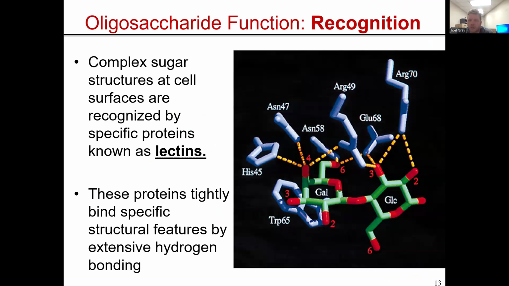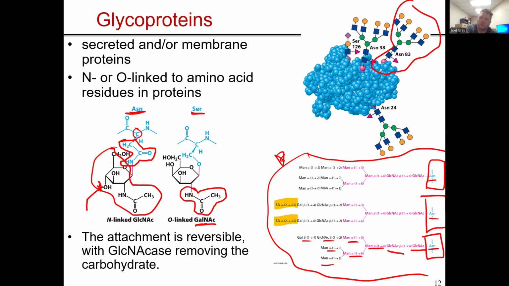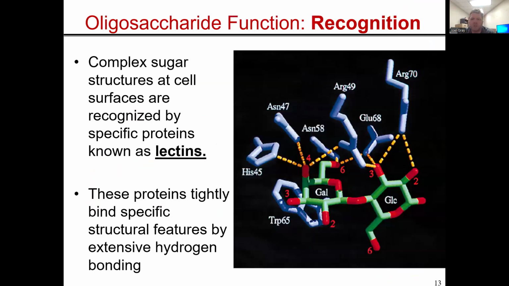Now, oligosaccharides, in addition to serving as storage or structure, this is a continuation of what we were just talking about with glycoproteins, but oligosaccharides themselves can be used for recognition. Complex sugar structures at cell surfaces are recognized by specific proteins known as lectins. These proteins tightly bind specific structural features by extensive hydrogen bonding.